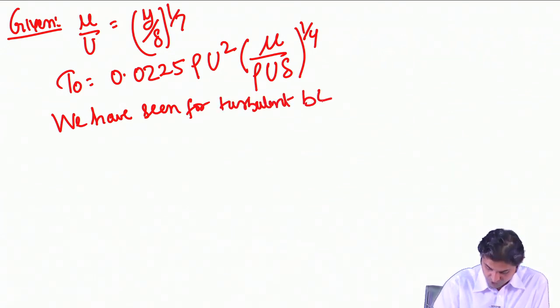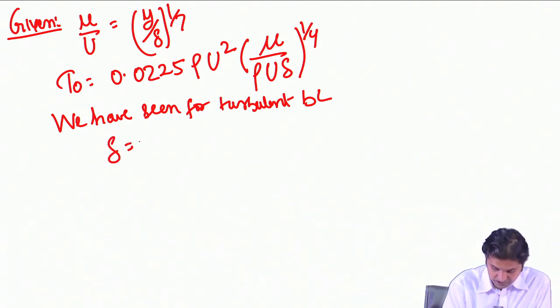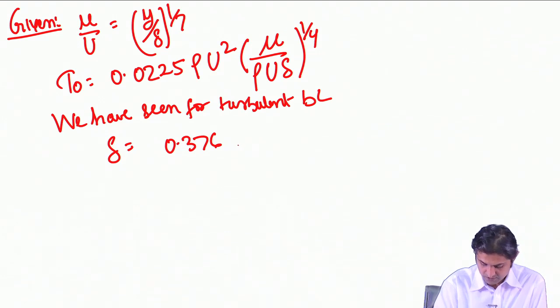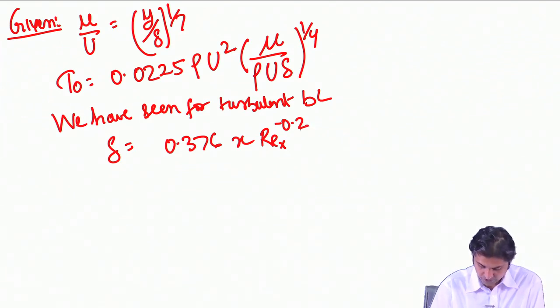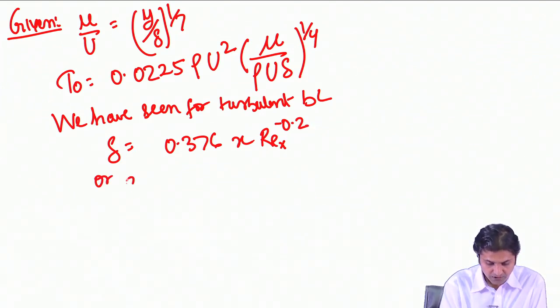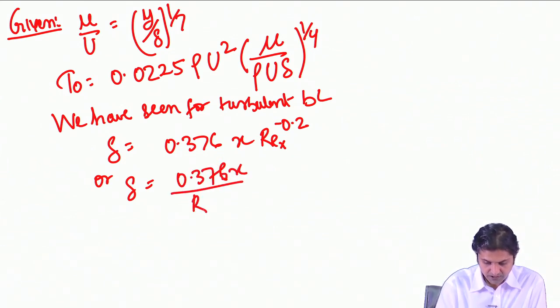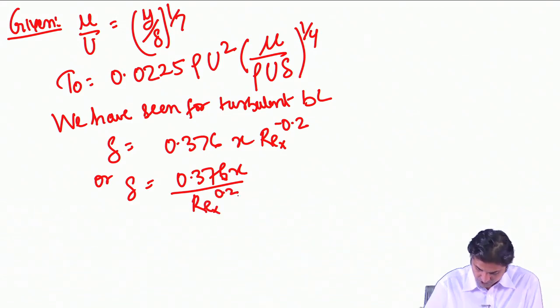For turbulent boundary layer, delta is given as 0.376 x into Re at x to the power minus 0.2, or delta is 0.376 x divided by Re x to the power 0.2.